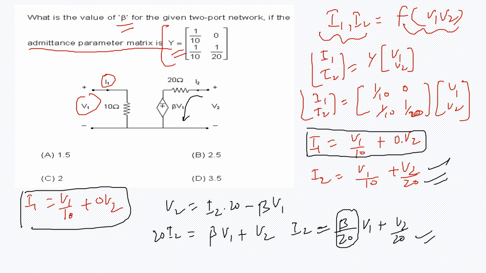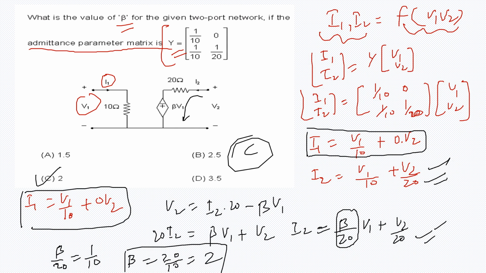Comparing these two equations, I get beta/20 equal to 1/10. Now from here I get beta equal to 20/10, which is going to be 2. So this is how I get my beta. Beta is going to be 2, so C is the correct answer for this question.